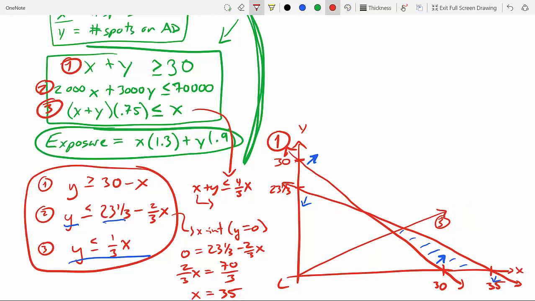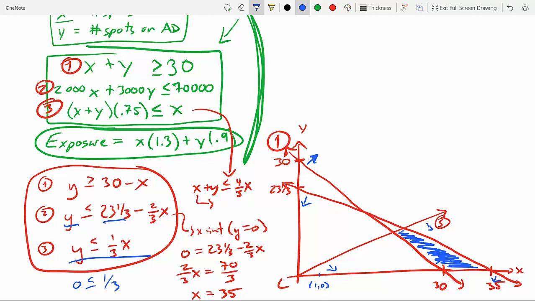Now 0 is less than or equal to 0 doesn't help us. So if we plug in something like 1, 0 here, 0 is less than or equal to 1/3. That's true, so we're shading down. And indeed, this portion is the portion that we're looking for.